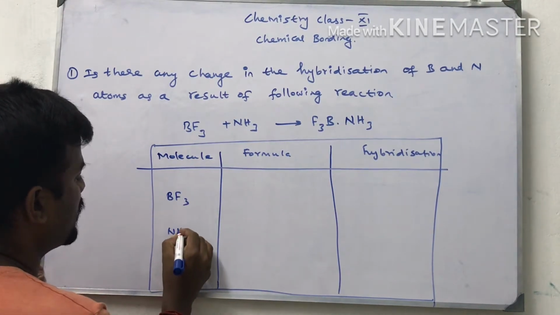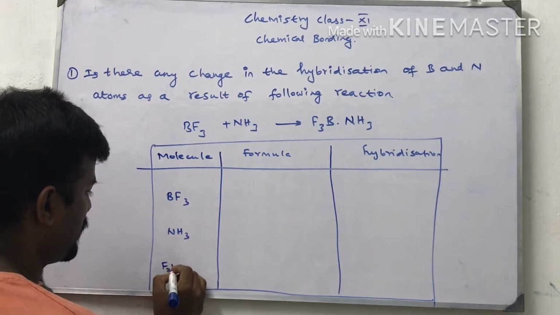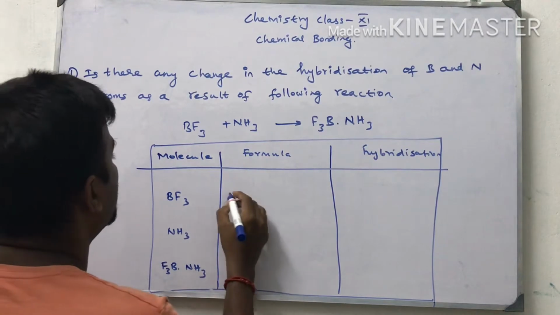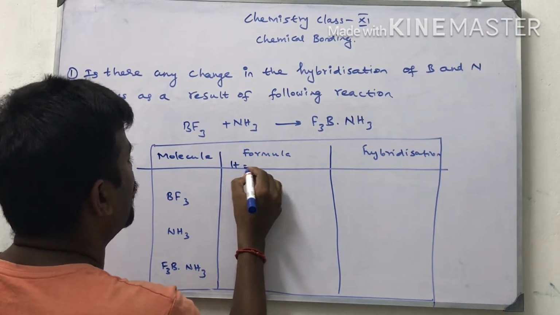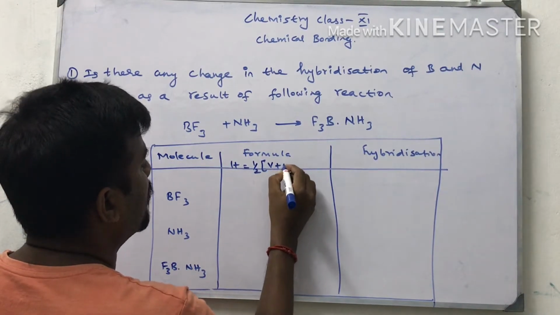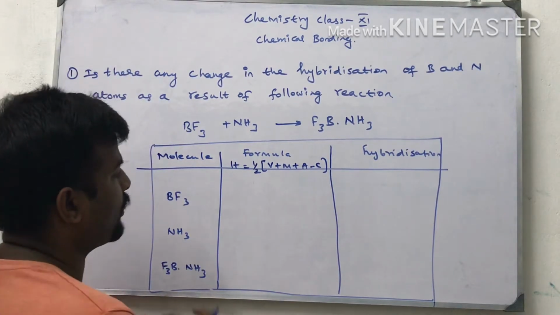BF3, NH3 and F3B-NH3. The formula for hybridization H is equal to half into V plus M plus A minus C. We have already discussed this formula.